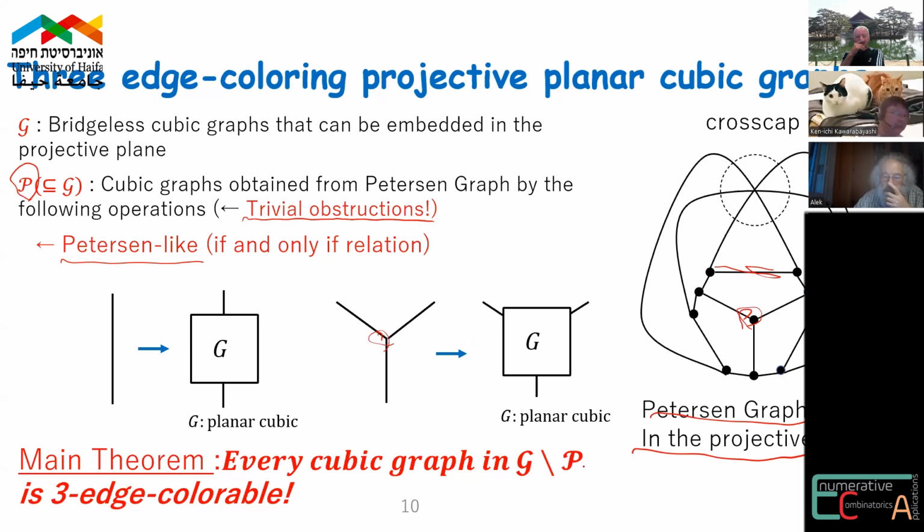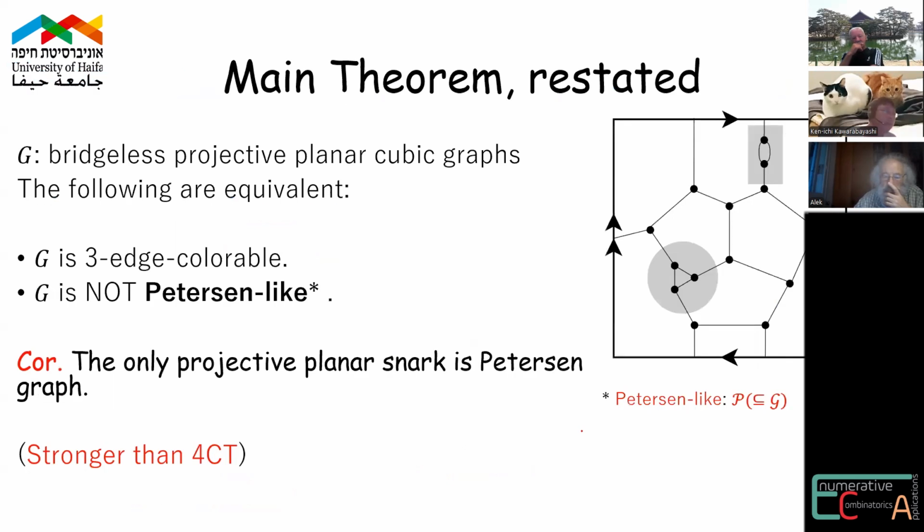So you have to exclude this family of graphs, but that's the only obstruction. That's what we proved. And using our result, the corollary is that the only projective planar snark is really the Petersen graph. That's what you kind of want to prove, because sometimes the Petersen graph is the only obstruction, and this is one of those theorems. So that's our main result restated. And of course, this is stronger than the Four Color Theorem because a planar cubic graph can easily be embedded in the projective plane.